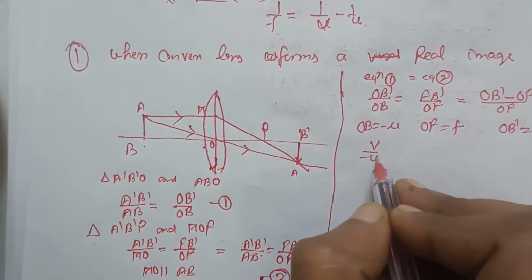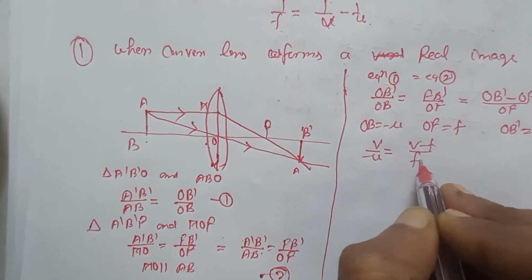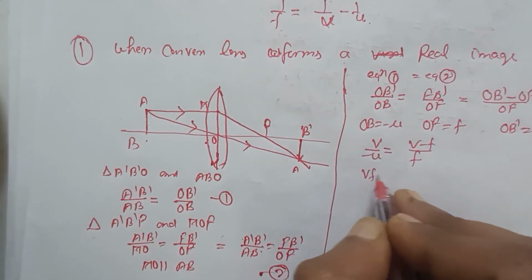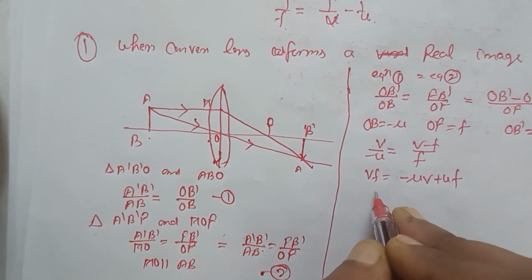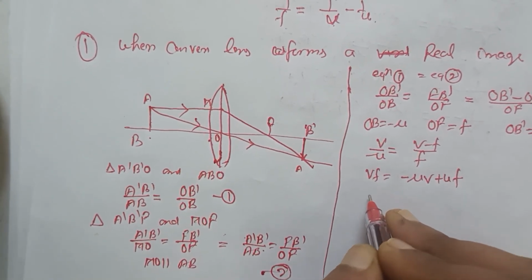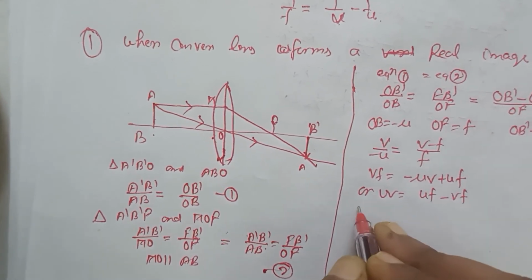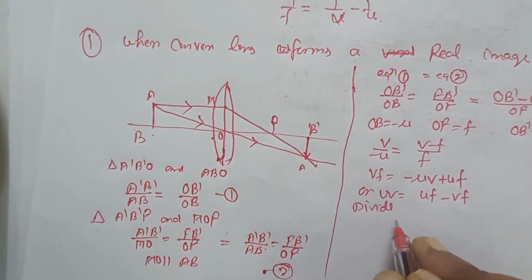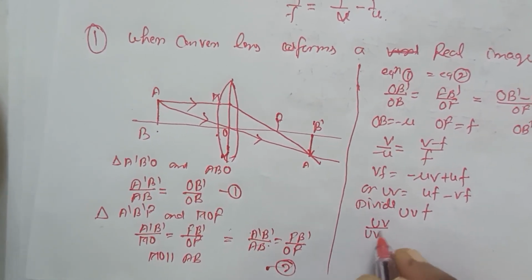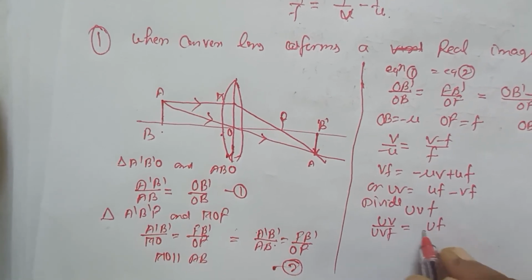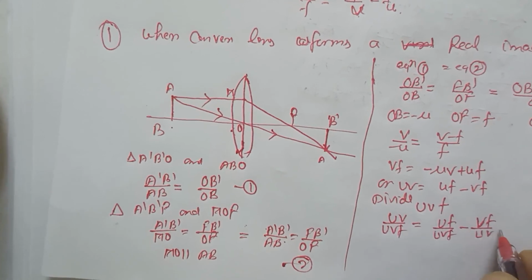Substitute the value of this: v upon minus u equals v minus f divided by f. Multiplying, vf equals minus uv plus uf, or uv equals uf minus vf. Dividing by uvf, uv divided by uvf equals uf divided by uvf minus vf divided by uvf.